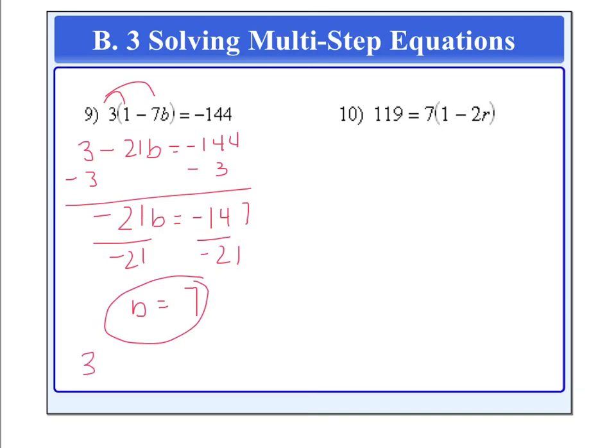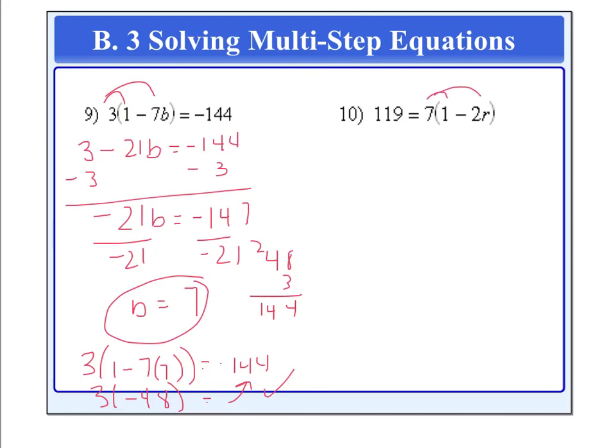Check it out. 3 times the quantity of 1 minus 7 times 7, negative 144. 3 times negative 48. 48 times 3, 12, 13, 14, which does equal negative 144.